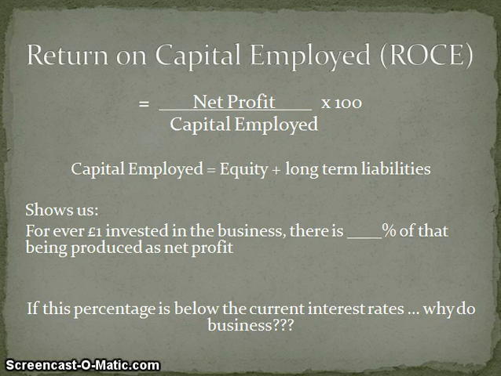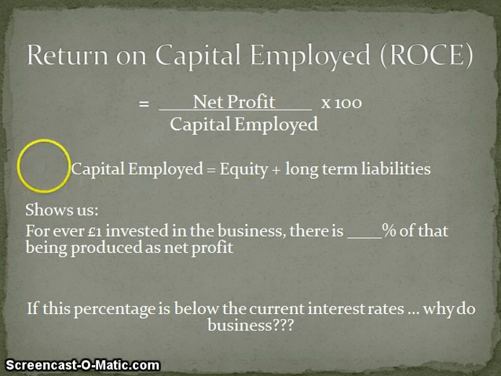Okay, so your ROCE, return on capital employed, is really looking at how much profit are we really making in relation to the money that either the bank or our investors have given to us, invested in us to make that money. How well are we doing at making money on the money we borrowed?